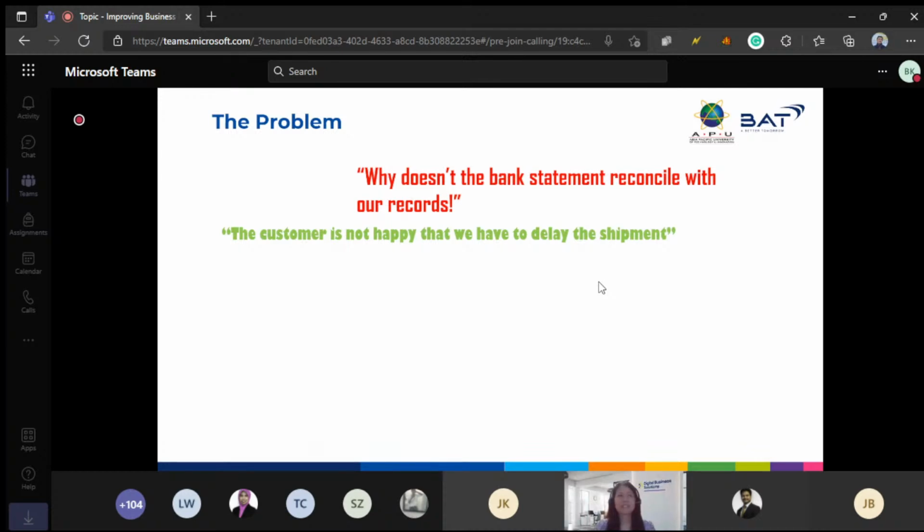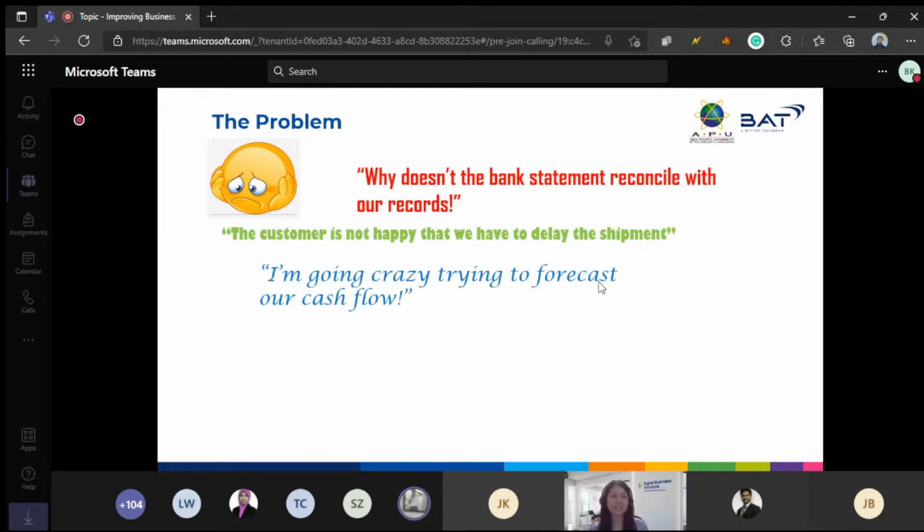And maybe some users are facing complaints that they don't have full visibility of what the pending orders in the system are that need to be delivered, and therefore they had to delay a shipment. So it's actually very heavily supported by a very effective system. They are supporting the business processes.